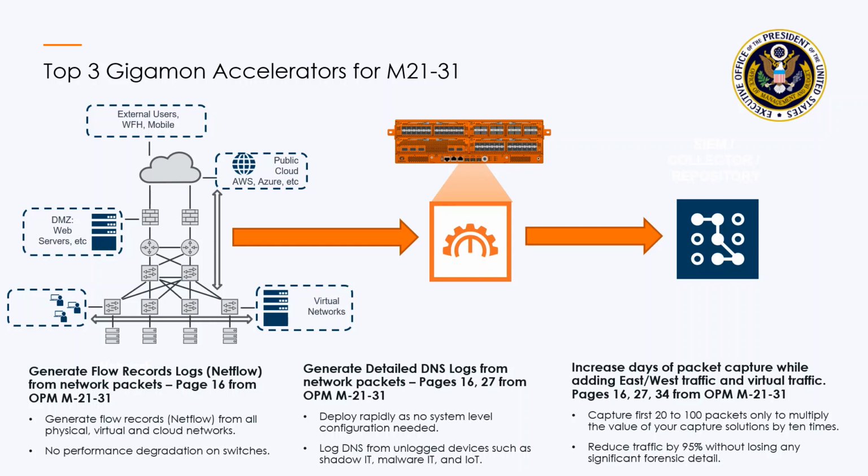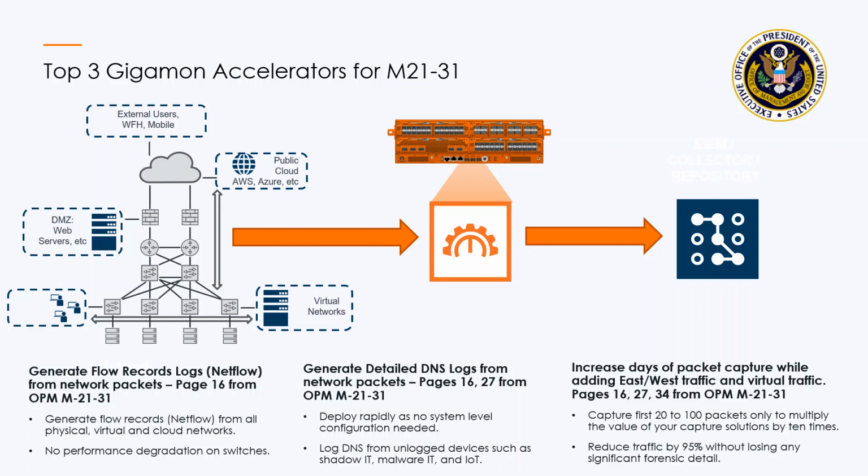Another important capability that we have is to generate metadata elements out of raw network traffic. We can do over 5,000 of them. Number 1 on my list is DNS. This is specifically called out in M21-31, and the detail that's required, it's almost debug level logging. And some of my customers have been telling me that it can cause crashing and degradation of performance in an enterprise class system.